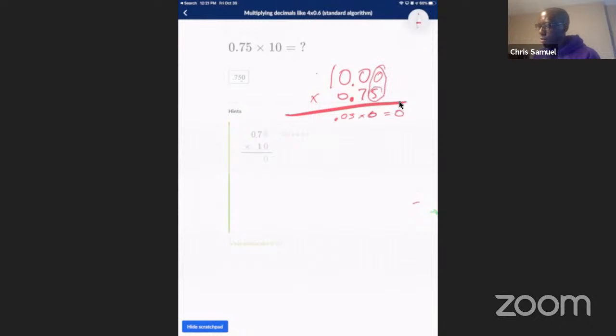And then we have 0.5 times this 0 here, 0.5 times 0 equals 0. And we have 0.5 times 10 is equal to, well, go back to 5 times 10 would be 50. So this is 10, that extra 10 would probably make it 5.